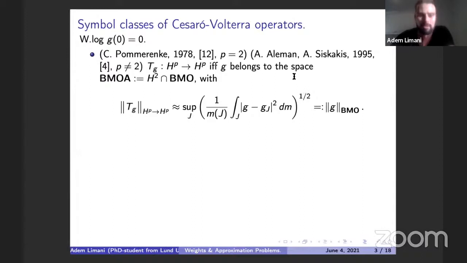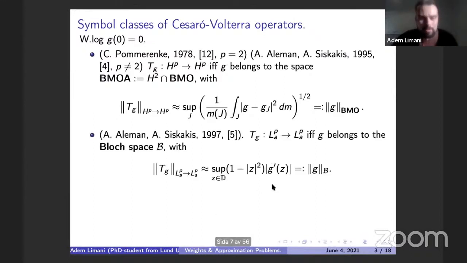They proved that this generalized Cesàro operator is bounded if and only if the symbol belongs to the analytic BMO. Here I have assumed that G of 0 is 0. This doesn't change the operator because we're differentiating. And we have this norm equivalence.